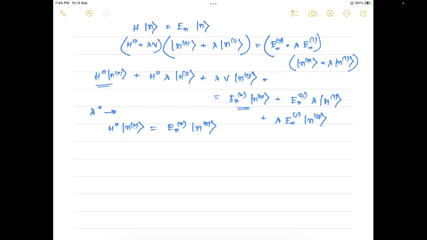This is the known equation, the time independent Schrodinger equation for the unperturbed system.